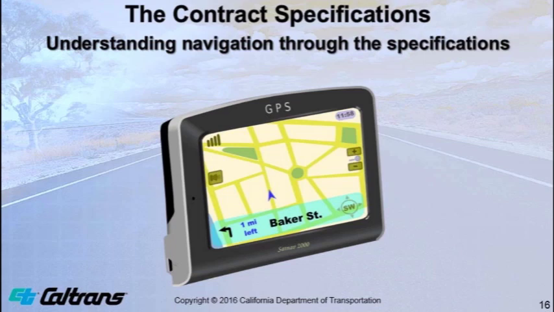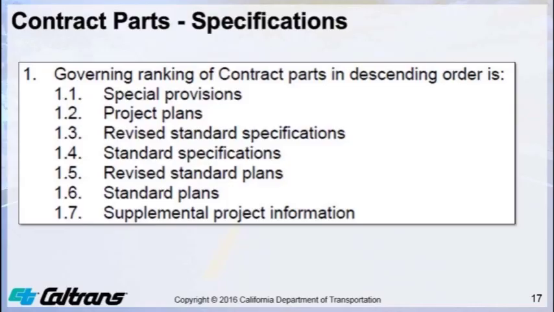Now that you know what the contract parts are, we will go into more detail about how the contract specifications work. The contract specifications are made up of three parts: 1.1 special provisions, 1.3 revised standard specifications, and 1.4 standard specifications.